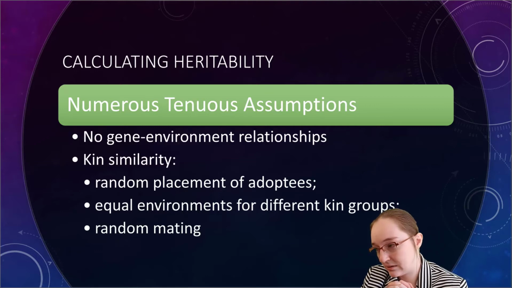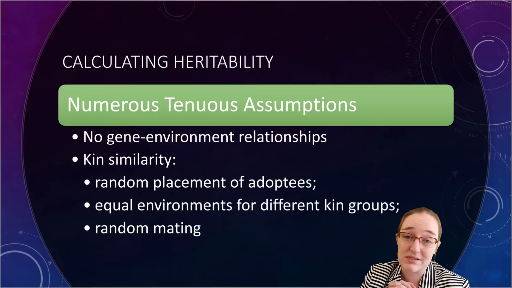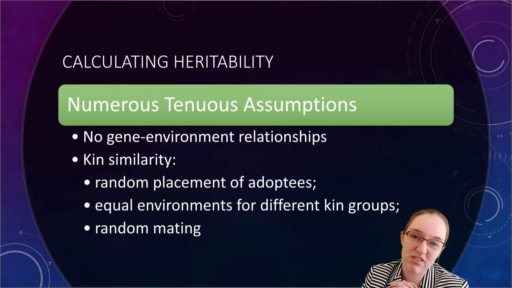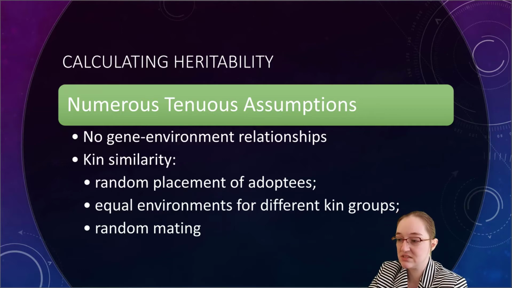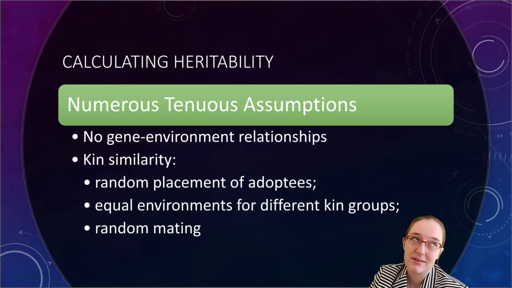There are ways to test these effects, and if an assumption is broken, that doesn't mean the model is totally wrong. There are ways to work around these. A lot of people will point out this equal environments assumption is a huge issue because twins are dressed matchy-matchy. No. A more feasible aspect of this assumption is that whatever they're similar on has to have some kind of relationship with what we're trying to describe.